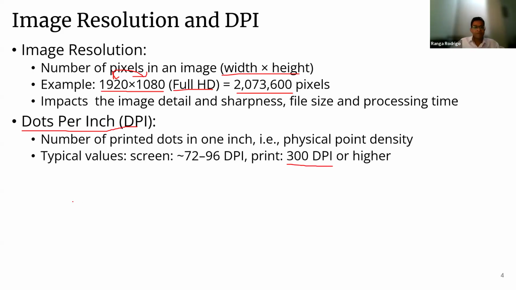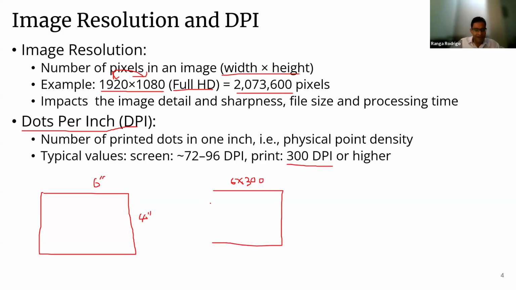If you're printing at 300 dpi, and let's say you have a 4-inch by 6-inch image, you need the resolution of the image to be 6 times 300 and 4 times 300.